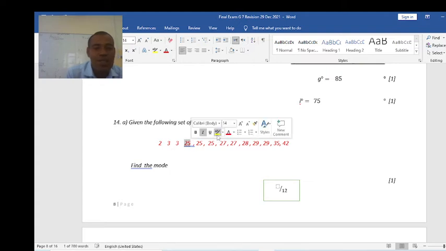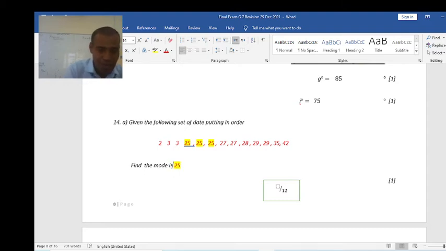See this one, how many times is it repeated? 25 appears 3 times. The 2 is single, 3 double, 27 double, 29 double, and the others single. So this one is the mode. Clear? Copy and paste here. It will be this one. The mode is equal to this.